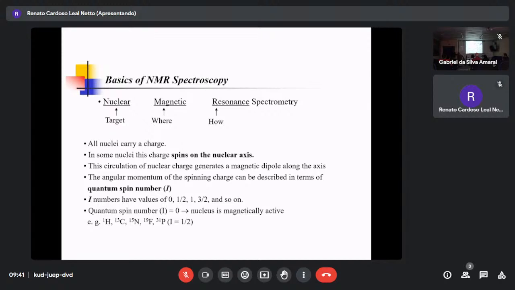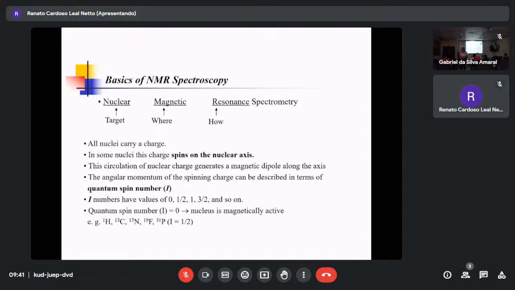If you know an atom in the periodic table, there is an upper number and a lower number, right? One of them is the atomic mass, the number of protons plus neutrons. The other, the atomic number, is the electron number or proton number.